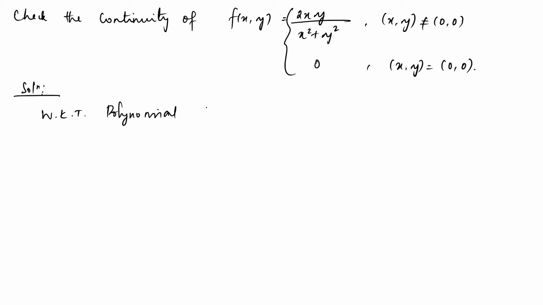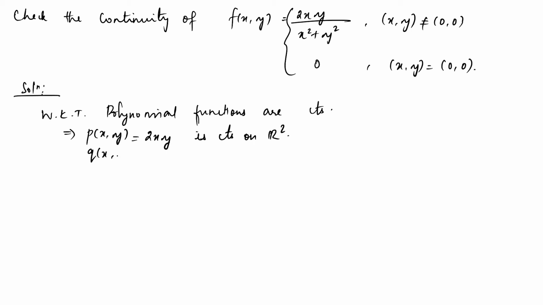So polynomial functions are continuous, right? Therefore, consider the polynomial function in two variables, p of xy equals 2xy, which is continuous on entire R2. Similarly, q of xy, which is x squared plus y squared, is also continuous on entire R2.